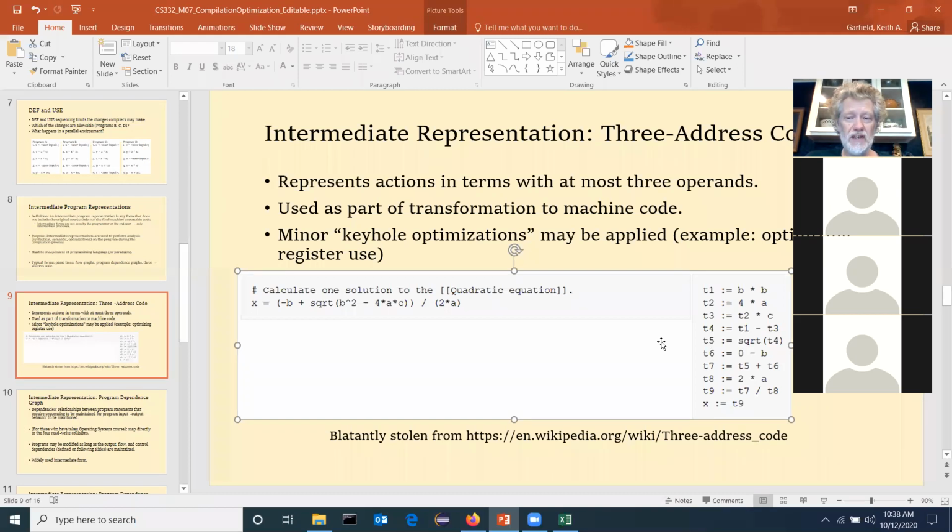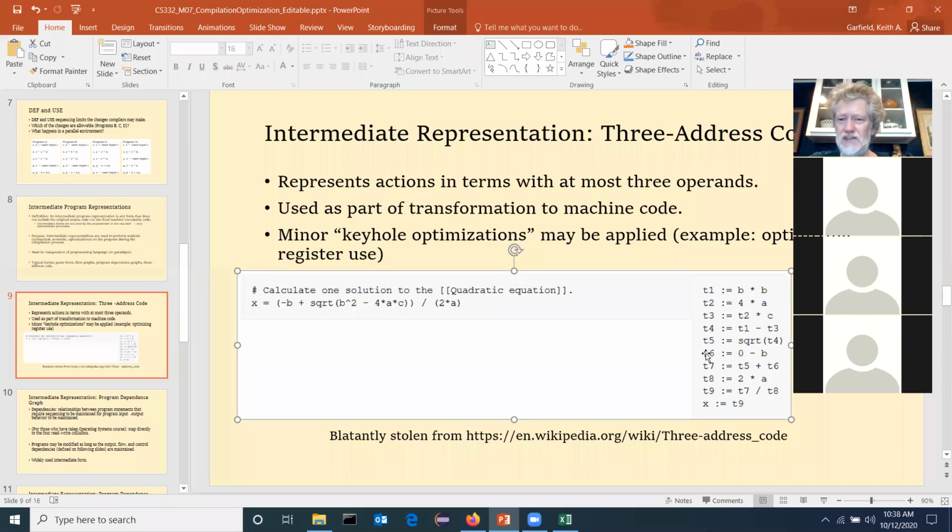And then, interestingly enough, they don't do T6 is equal to T5 minus b. They do T5 is 0 minus b. Why? Because that minus is an operation. You would almost think of that as 2 operations at the same time if you did it wrong, right?